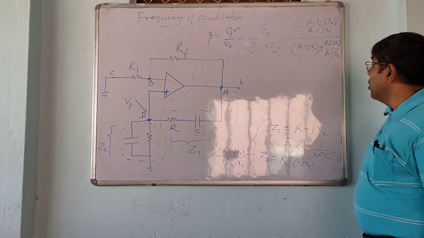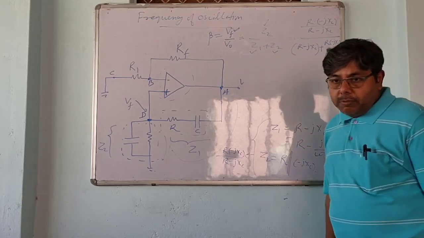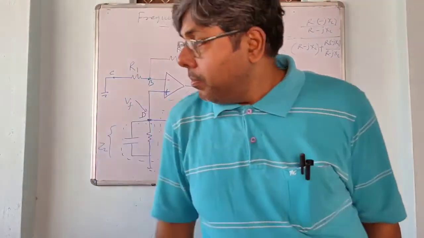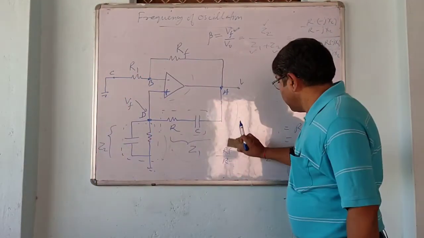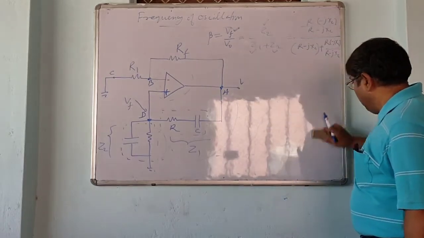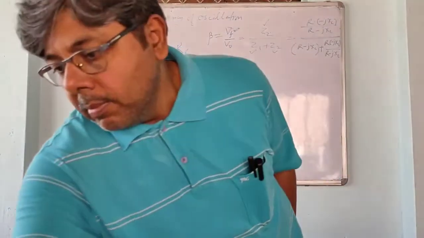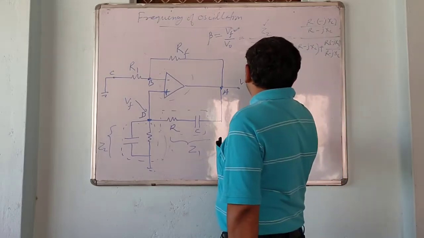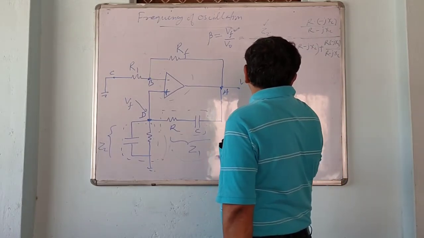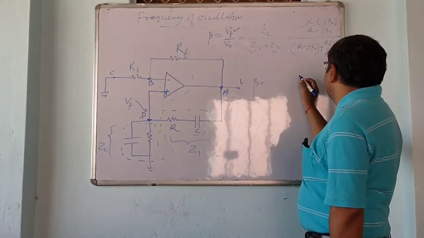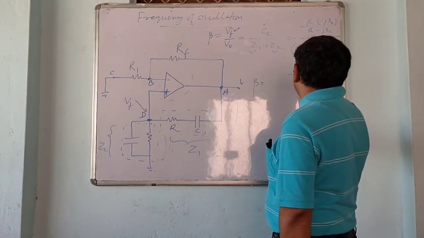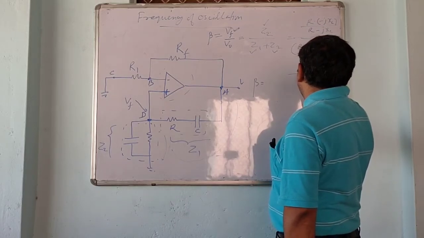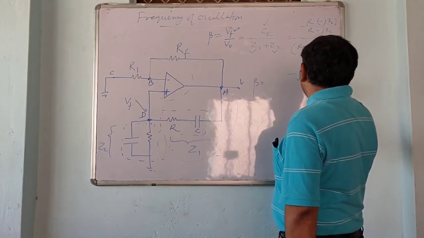So you have to put all these values and after solving you will get beta equals minus jRXC.